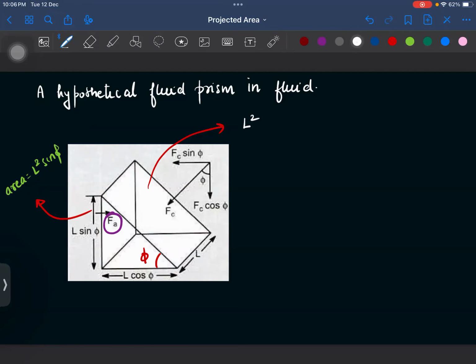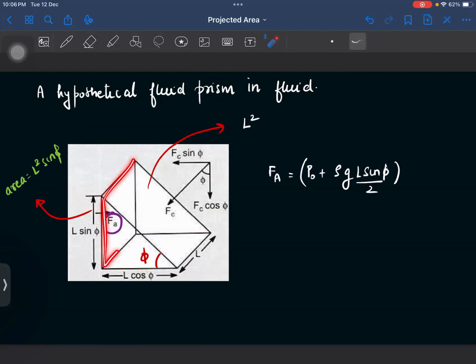So we can write Fa to be equal to P naught plus rho g L sine phi by 2, that is half of this length, multiplied by the area of this surface. Now, what is the area of this? It is L square sine phi.